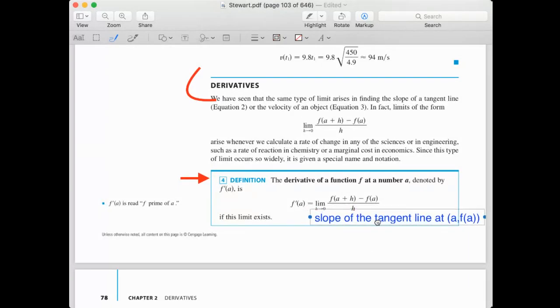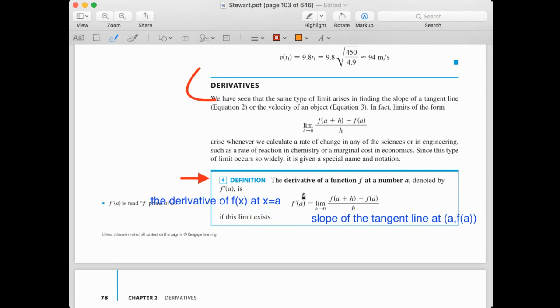And the derivative of the function at a, let me write here, the derivative of f of x at x equals a.